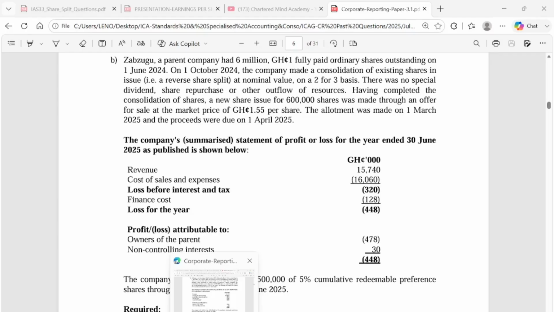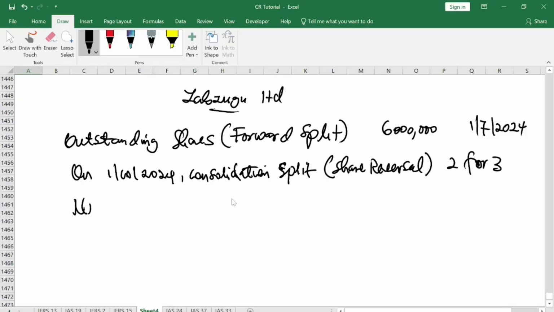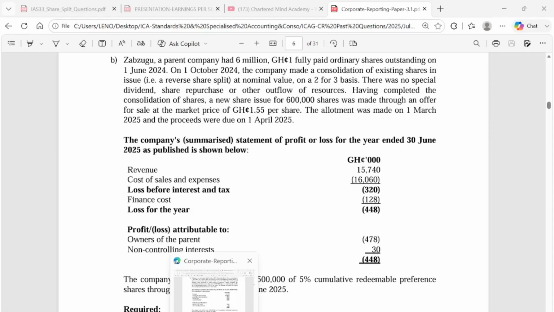They also said a new share was issued. Having completed the consolidation of shares, a new issue for 600,000 was made through an offer for sale at the market price. The allotment was made on 1st March 2025, and the proceeds were due on 1st April 2025.